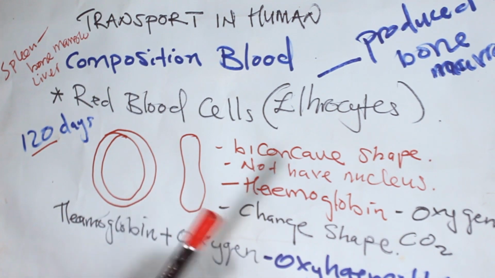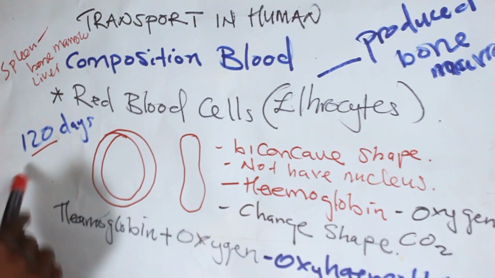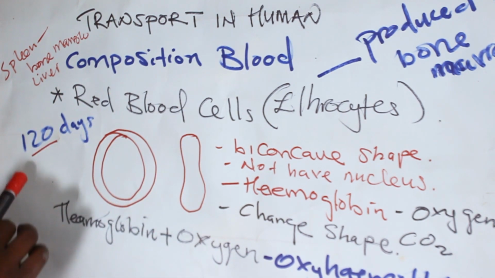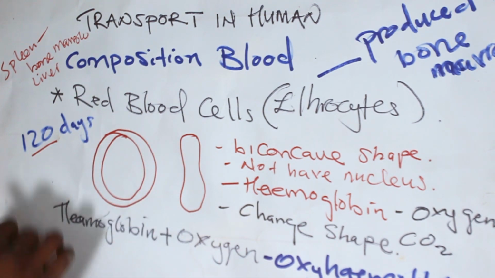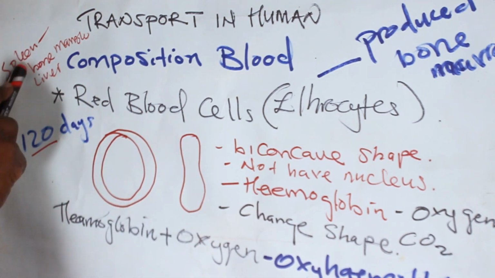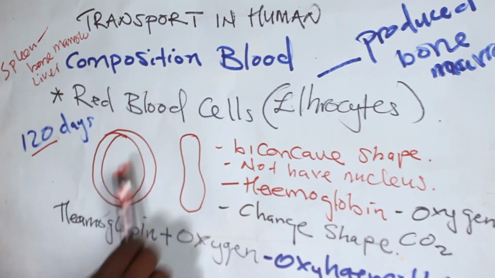When the hemoglobin and oxygen react, they form what is called oxyhemoglobin. The red blood cells have a lifespan of 120 days. After that, they are destroyed in the spleen as well as the bone marrow, the liver, and even the lymph nodes.